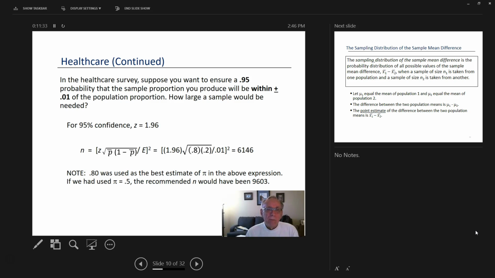Put 0.5 times 0.5, the square root of that, it changes that number considerably larger to 9,603. Not having p-bar is always going to raise the quantity of the sample size that you're going to have to work with.